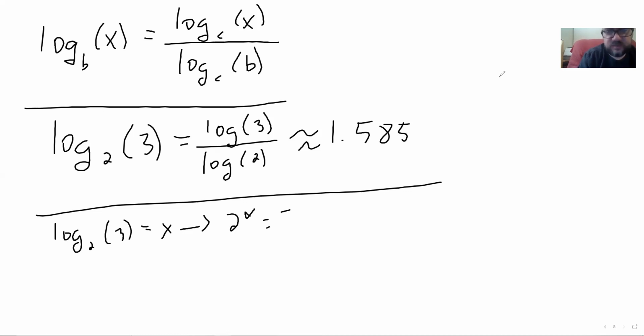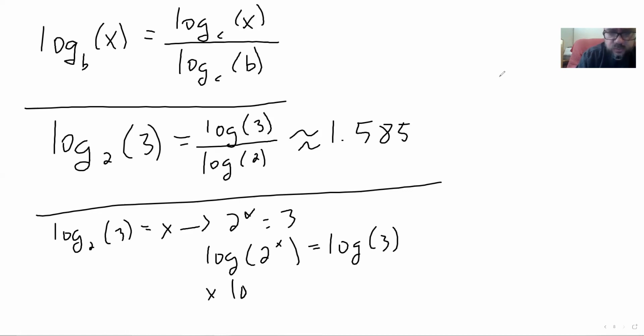I'm going to take log base 10 of both sides. So log base 10 of 2 to the x equals log base 10 of 3. Use the power property to factor the x out. x times log base 10 of 2 equals log base 10 of 3. Divide both sides by log base 10 of 2.